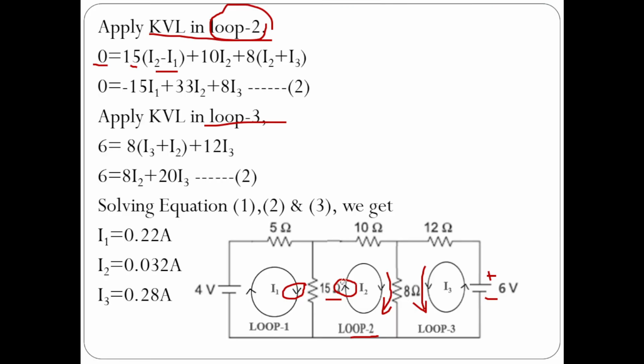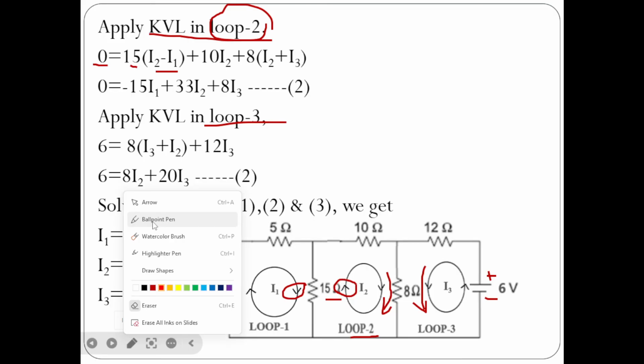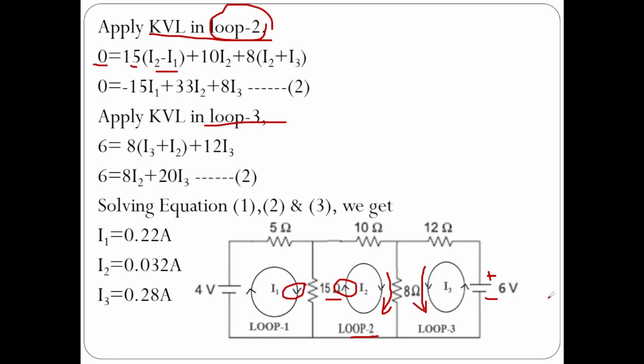So 6 is equal to, applying KVL, 6 is equal to 8 into I2, I3 current directions are same here, downwards. Therefore I3 plus I2 or I2 plus I3, you can write anything. 8 into I2 plus I3 plus 12 into I3 current. You will get 6 equal to 8 I2 plus 20 I3.